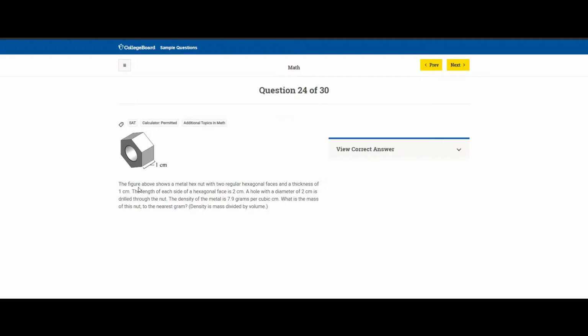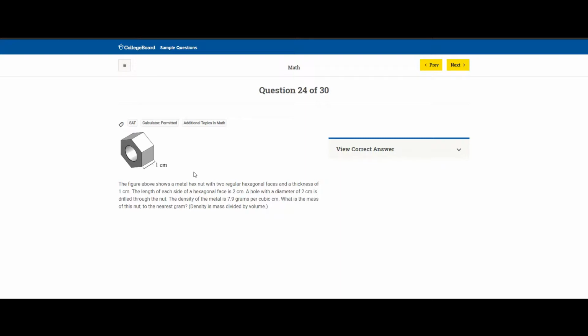That's actually not 3 square root of 3, it's 6 square root of 3. So you square it, okay? 6 square root of 3, and then the hole with a diameter of 2 centimeters is done there. So that's subtracting pi r squared.